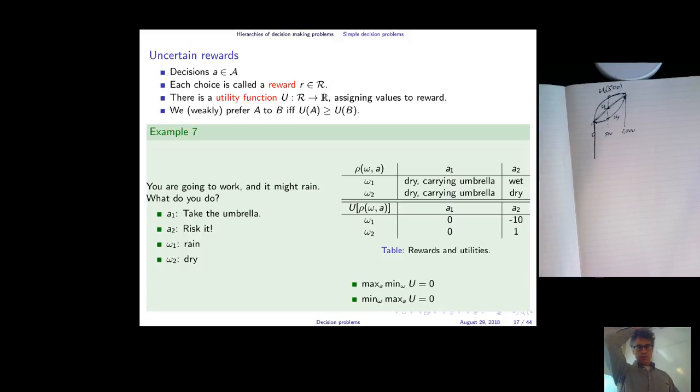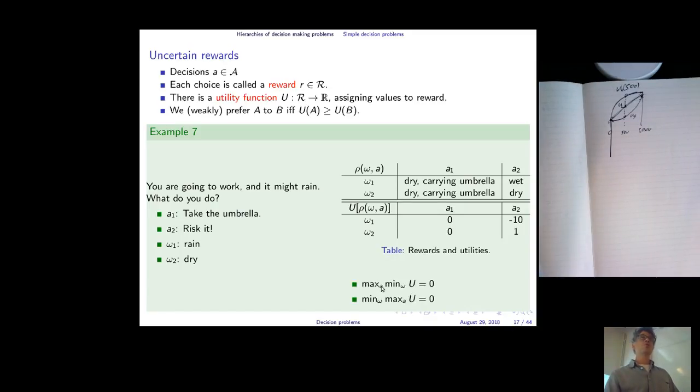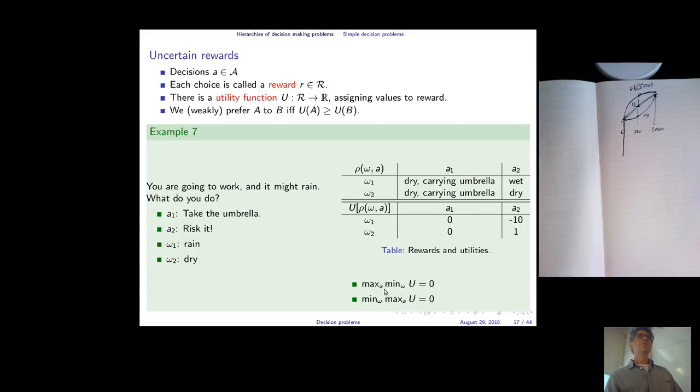Okay. So let's think about it like this. This would be the game where Thor, let's call it, chooses the rain first, and then after we see Thor choose, we select whether or not we want to take the umbrella.